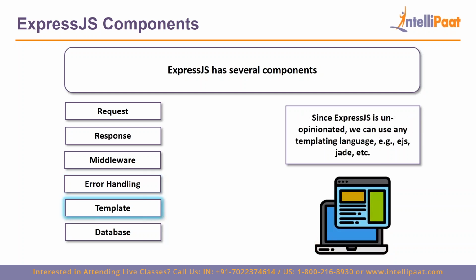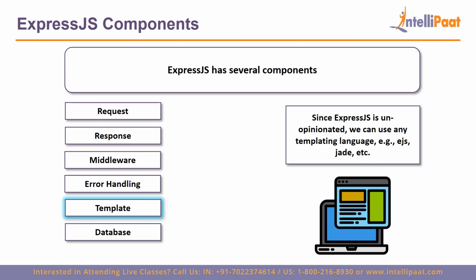It also allows you to define your templating libraries so that you could make use of any HTML template that you might want to create. Since Express.js is unopinionated, we can use any templating language. We could use EJS, which is embedded JavaScript. We can use Jade, we can use Pug, we can use Nunjucks. There are many templating libraries available for Node.js.